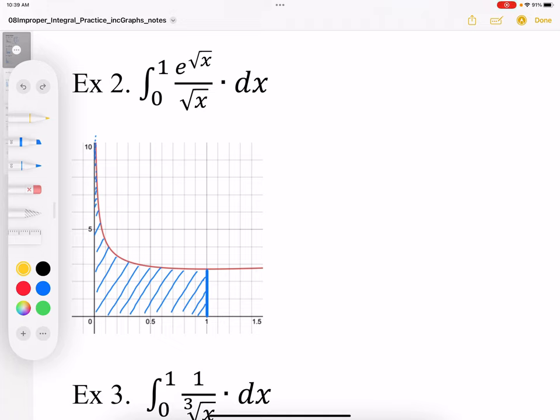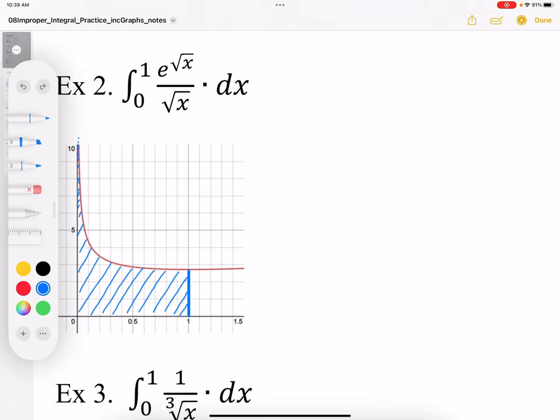So I'm going to use a limit, and I'm going to use a variable a, and a is going to approach that unbounded integral, the vertical asymptote, from this side.